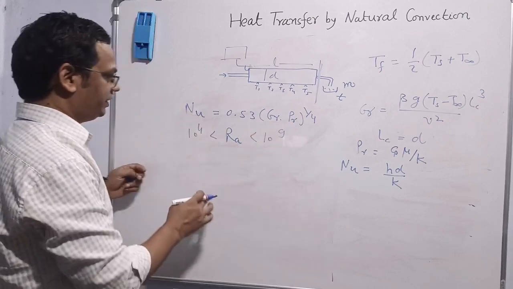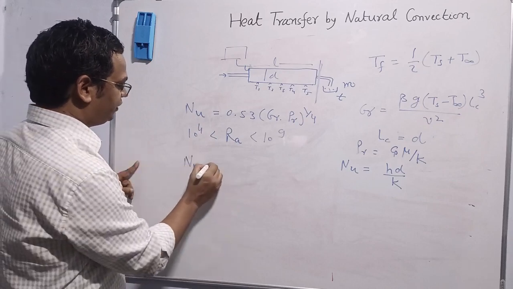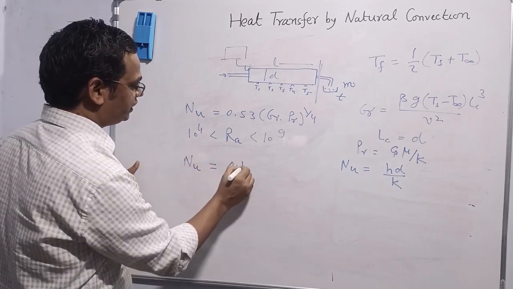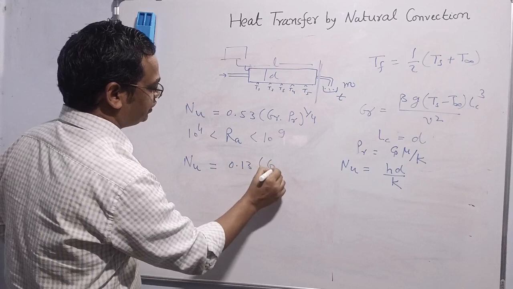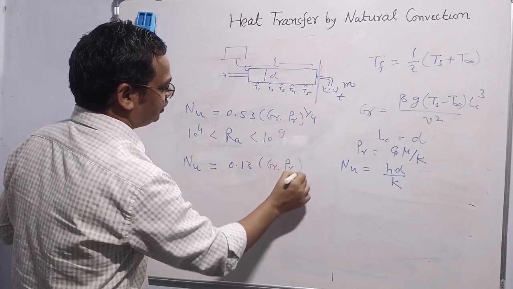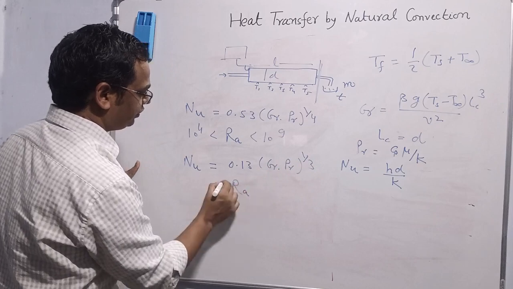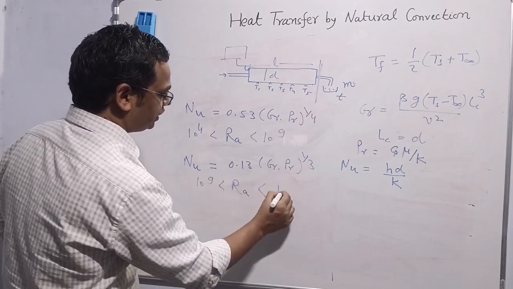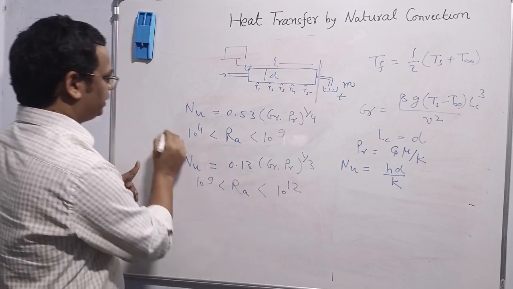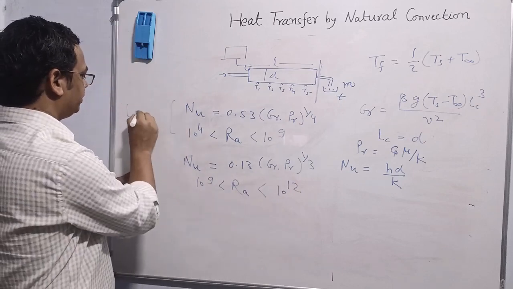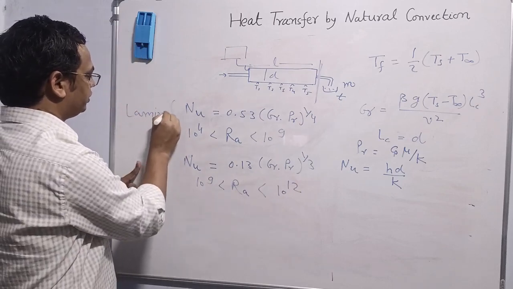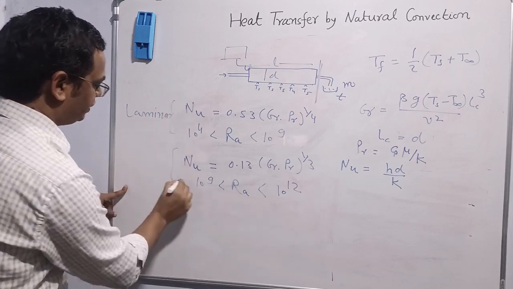Otherwise, if it is in turbulent region, then we have a different expression, that is 0.13 Gr into Pr to the power 1 by 3. This time Rayleigh number is 10 to the power 9 to 10 to the power 12. This is for laminar and this is for turbulent.